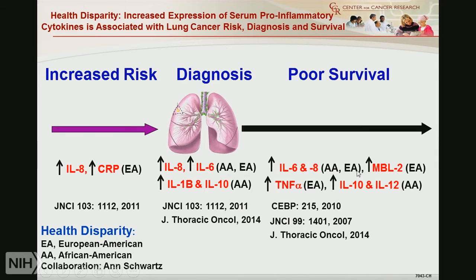And this is a genetically inherited condition. About a fourth of us sitting in this room have an increased amount of mannose binding lectin type 2 in our blood. And again, Afro-Americans have high levels of IL-10, but also high levels of IL-12.